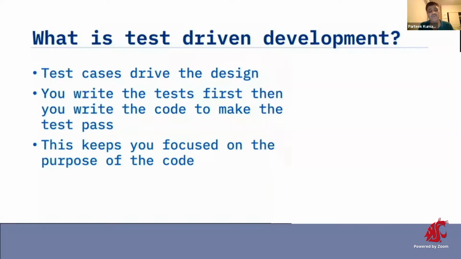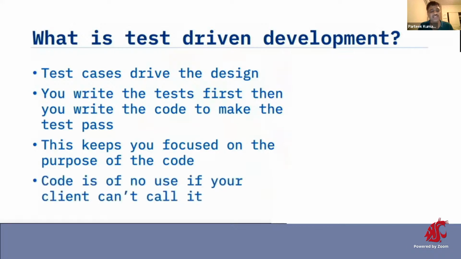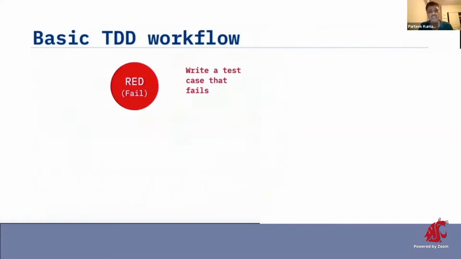So we first of all write the test cases to verify the functionality of the code, and then we write the code to make those test cases pass. If code is able to pass those test cases, then we say that our job is done.